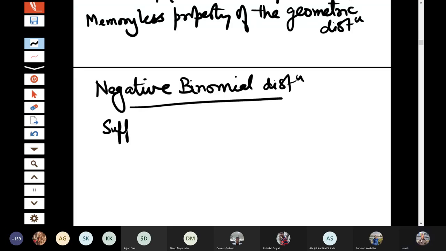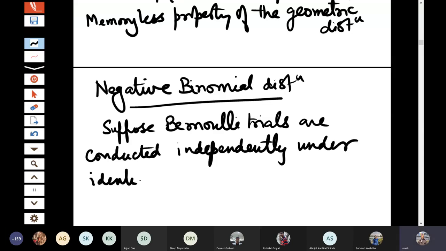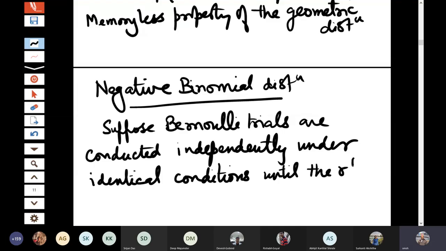So suppose trials are conducted until the rth success is achieved, until the rth success is observed.